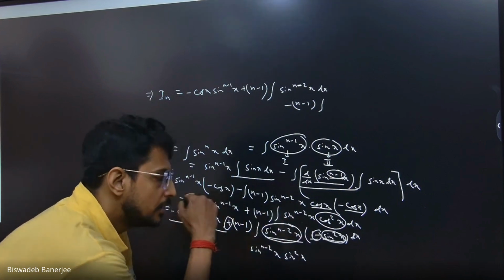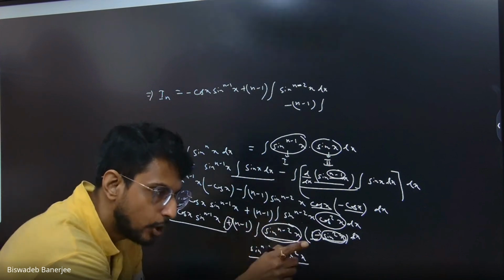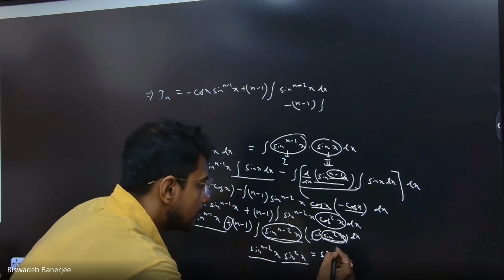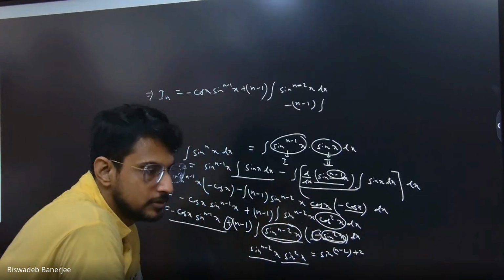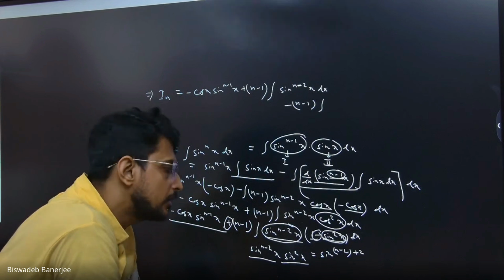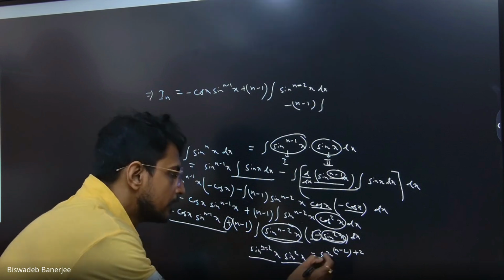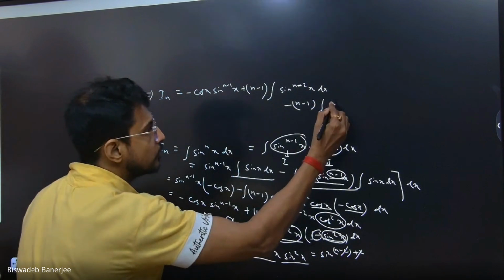By laws of indices, you can add the powers, n minus 2 plus 2. That's a very basic property. So minus 2 plus 2 gets cancelled, and we are getting simply sine to the power n x.